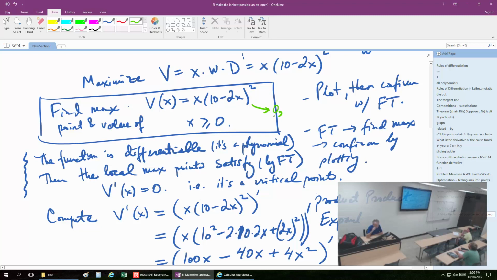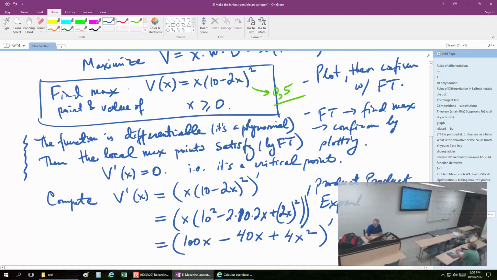And there is another one? 5. And 5. So each factor gives you an x-intercept. Okay? So incidentally, these are 2 x-intercepts. We will revisit this later. Let's just run through the Fermat's theorem first.